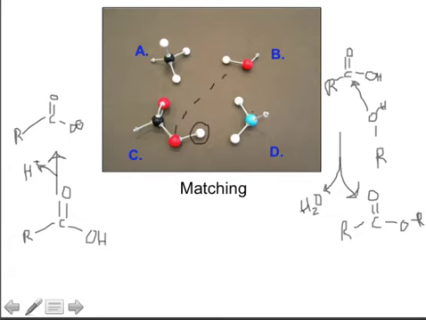The way that happens is that these electrons can hop down here, and these electrons can hop up here, and you can form an alternate structure that looks like this.